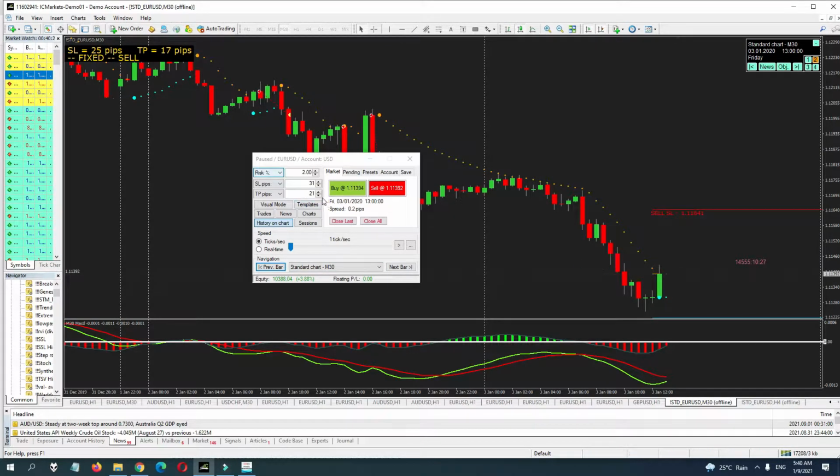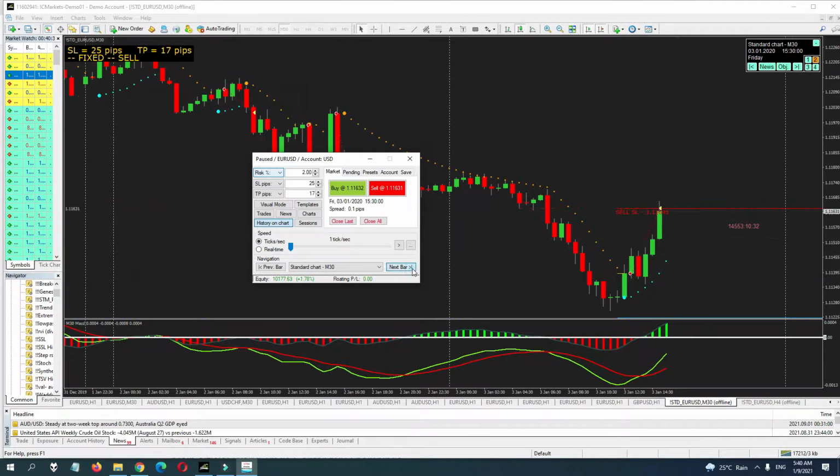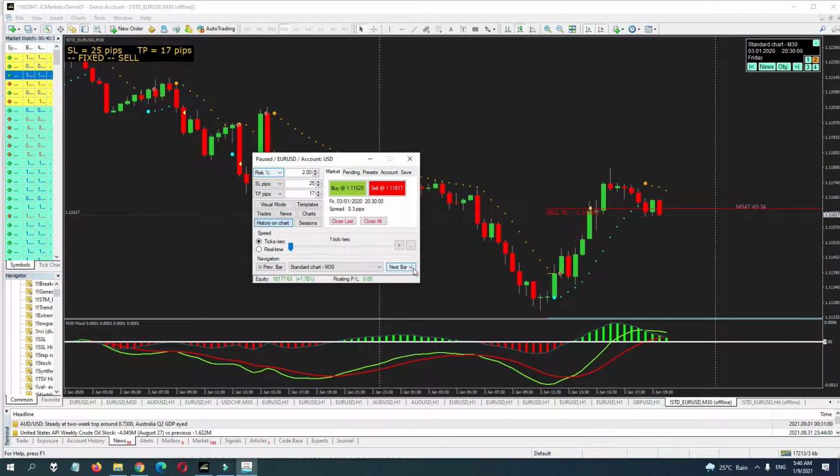Sell again. Trend change, so we got stopped out.